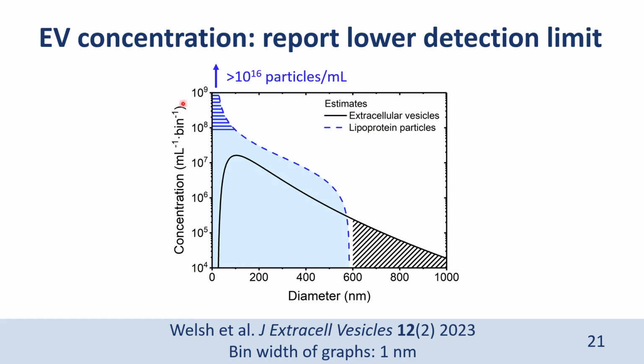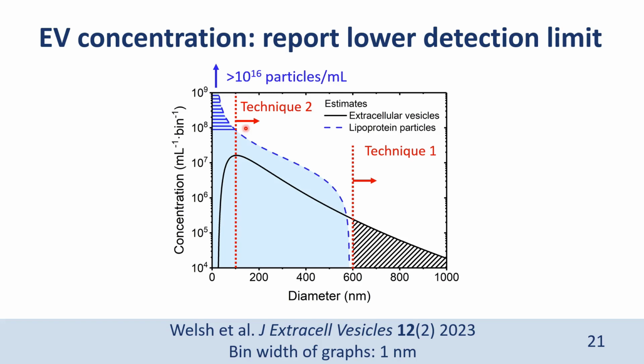You see the concentration of particles versus diameter for extracellular vesicles, but also for lipoprotein particles. So this graph basically reflects the situation in blood plasma. Now, if I would measure these samples with 2 detection techniques, technique 1 and 2, which have a different detection limit, technique 1 would only find vesicles in this example, whereas technique 2 would find vesicles as well as lipoproteins.